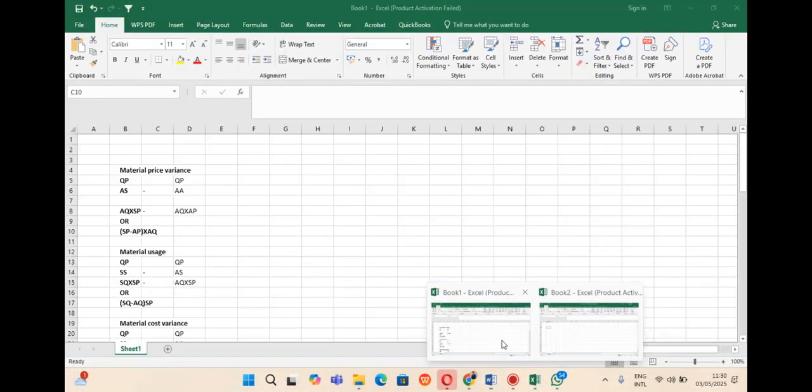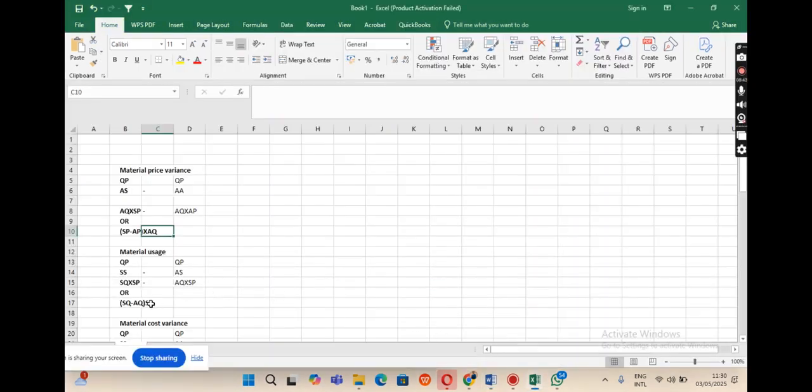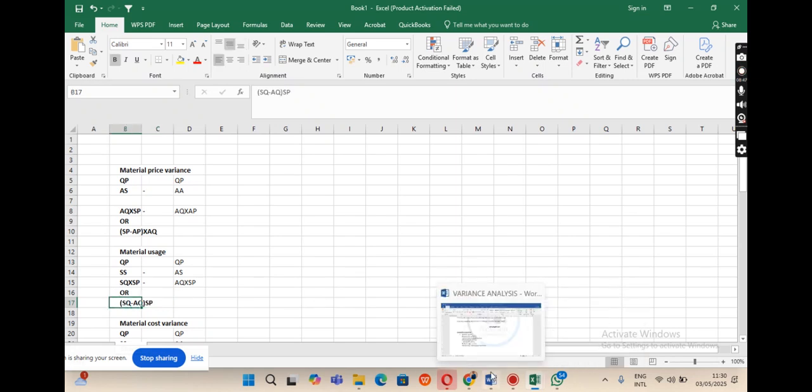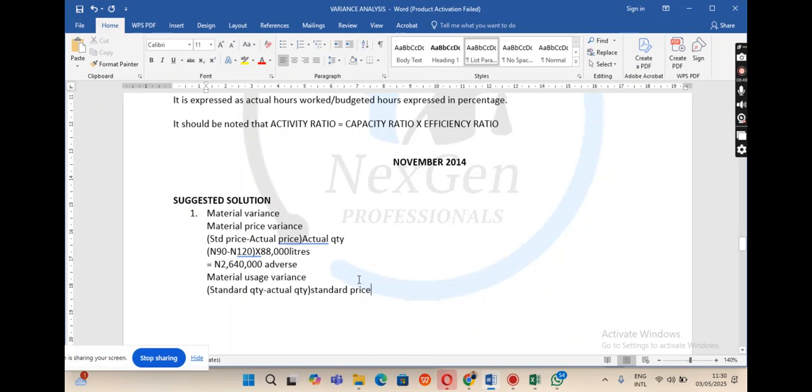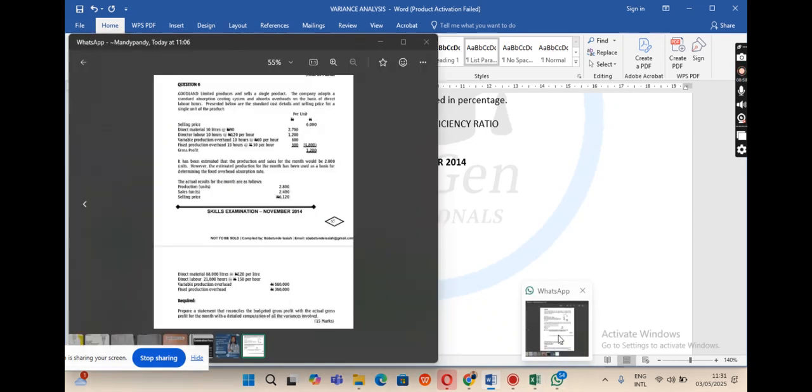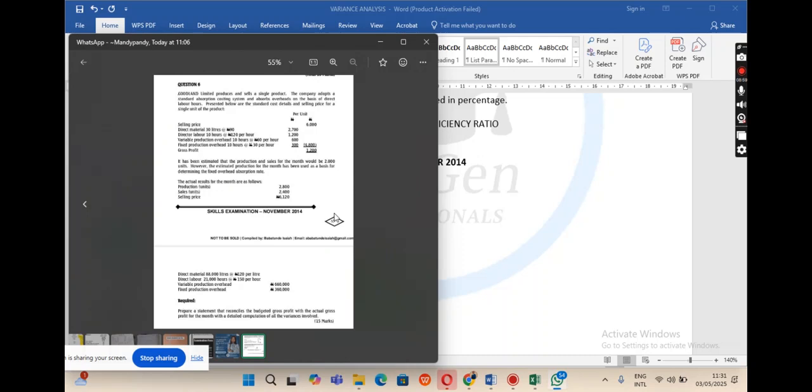Class, you can come here and still confirm. You can draw the table and confirm. Okay, yes, the standard price, right? Now, what is the standard quantity, class, of material? 30 liters.